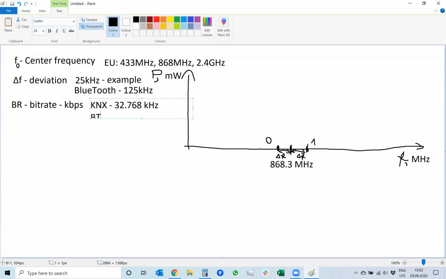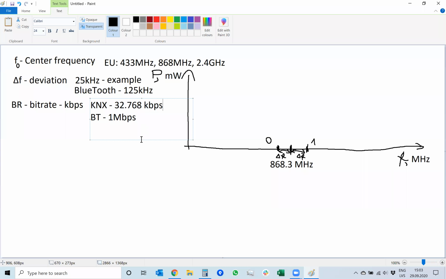For Bluetooth, it is 1 megabit per second, so 1000 kilobits per second.